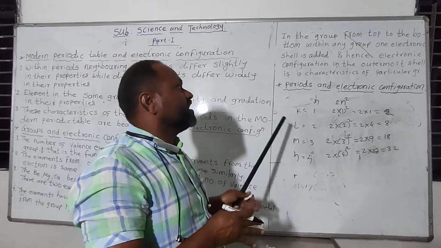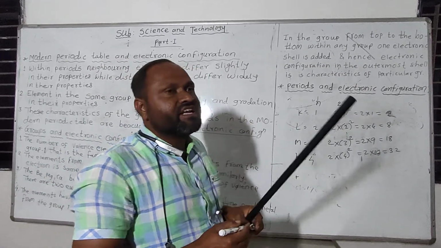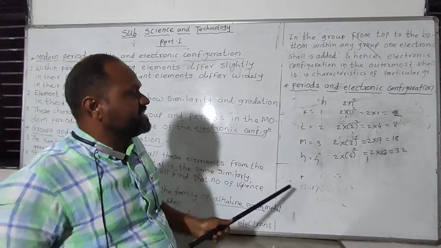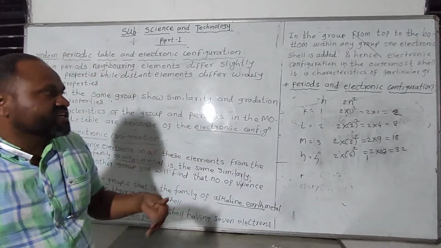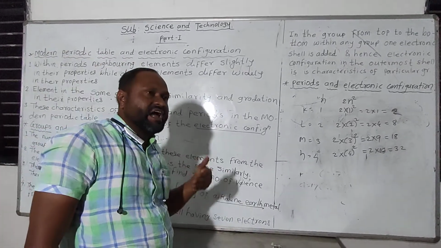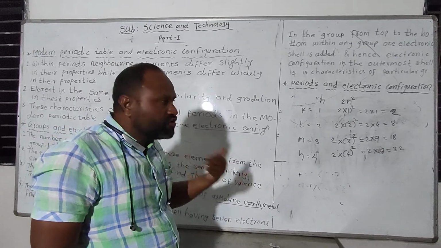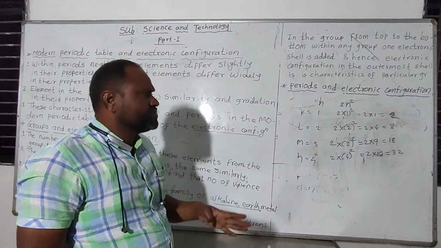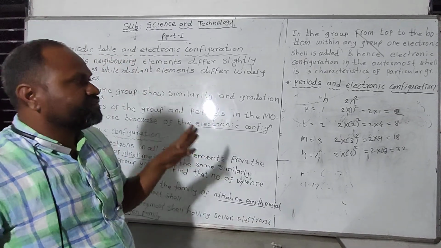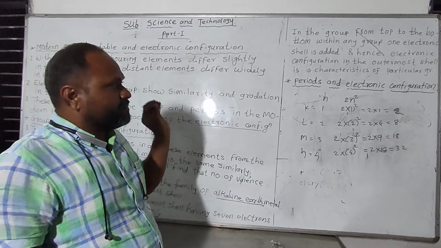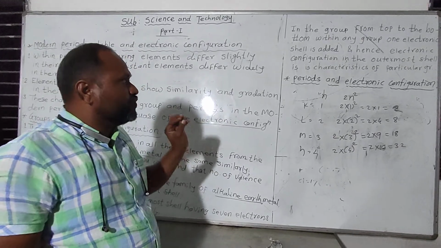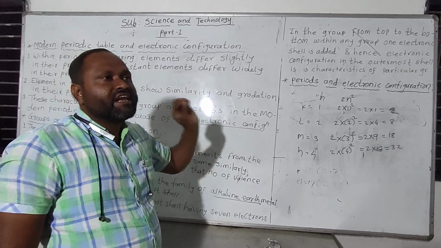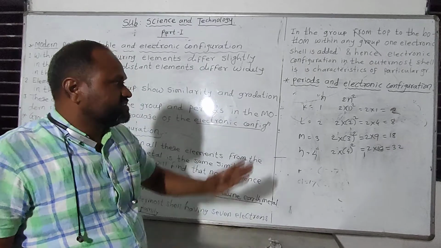On the basis of periods and electronic configuration, we write down the electronic configuration on the basis of the cells and their capacities, and we fill the electrons in the different cells.